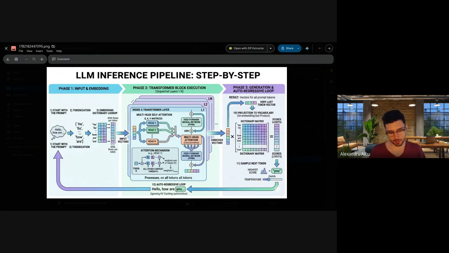But now the thing is, we are actually looking only at the last token in the prompt to predict the next one, because that one already has built in the knowledge of what should come next.